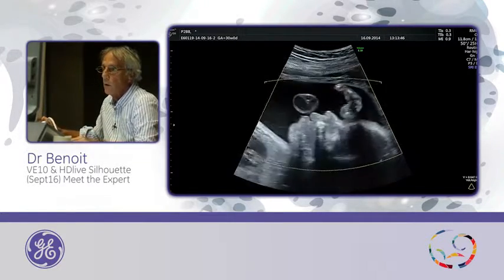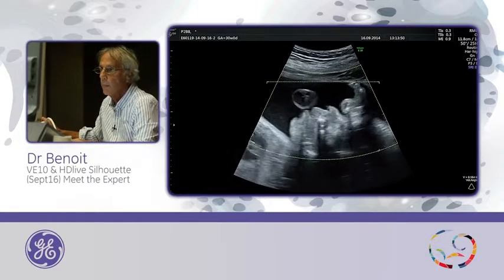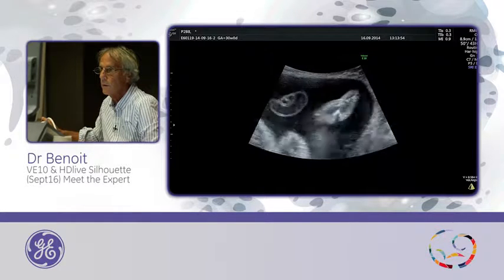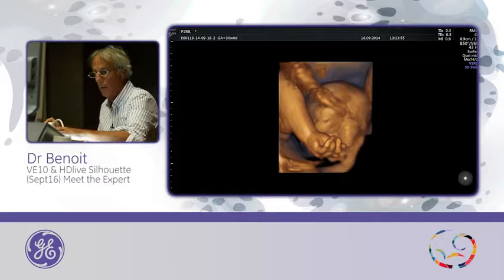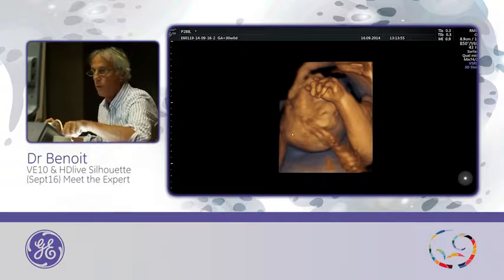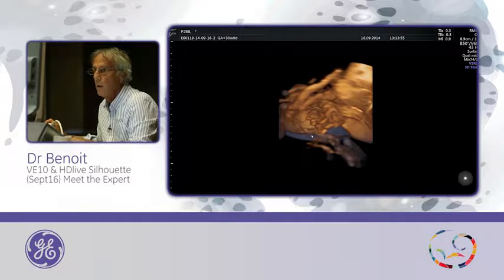I do only one last picture for the lady, but the umbilical cord is in front of the mouth. So when you have the umbilical cord, you just have to turn like this. You remove it. Don't cut a finger. It's okay.